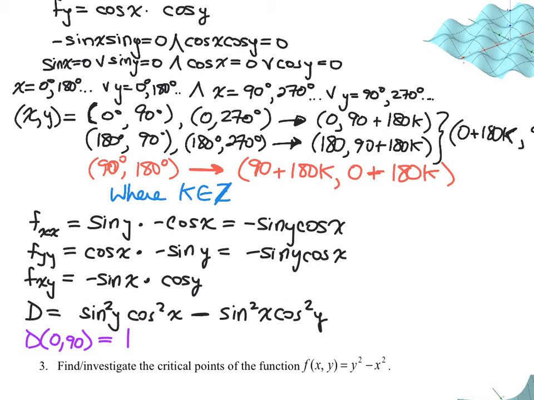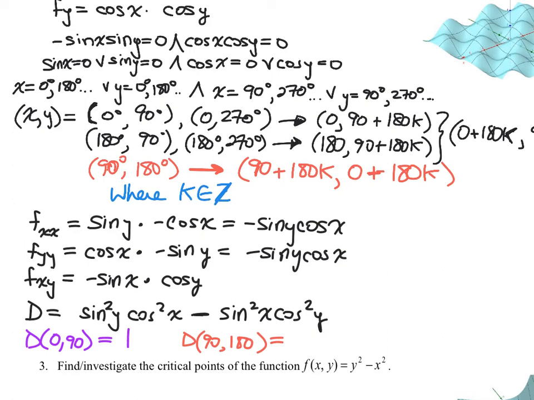Then I do it again, but for 90, 180, for example. You could do 90, 0 if you want, but it's all the same. So if I plug in a 180 for y, that's going to zero out.